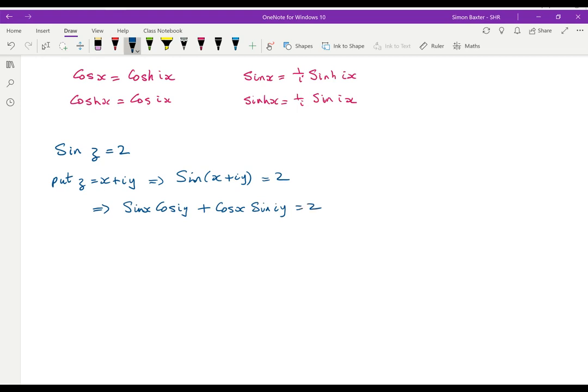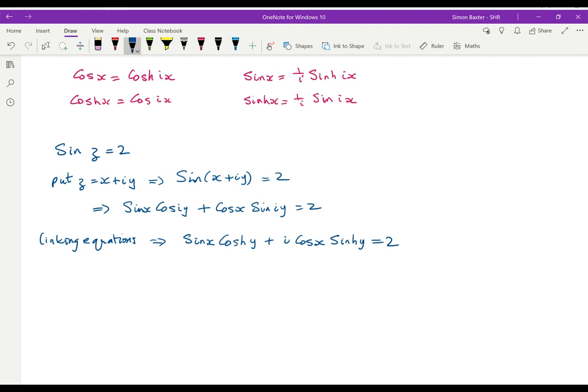Well, let's use the linking equations. And we get that cos of iy must be cosh y. So we have sin x cosh y, and over here we want sin iy. Sin iy is i sinh y, plus i cos x sinh y equals 2.